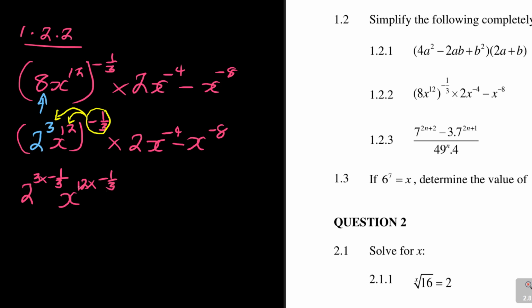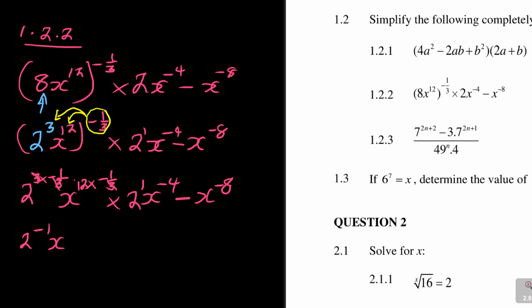See where I'm writing it is on top, times, then here you've got 2 to the power of 1, just to be careful there is a power 1, x to the power negative 4 minus x to the power negative 8 as an exponent.